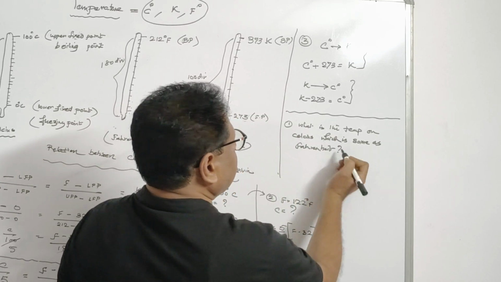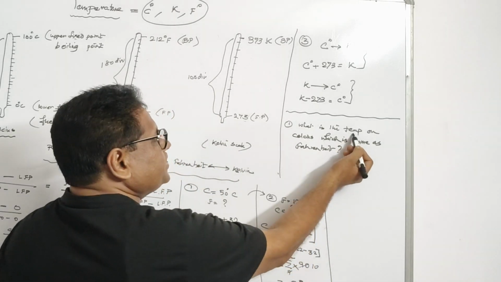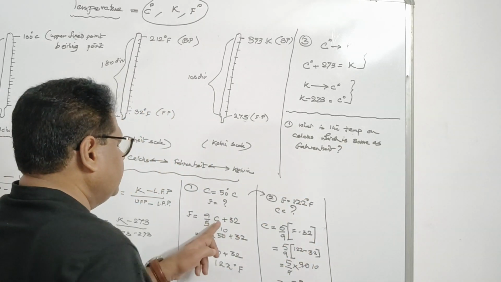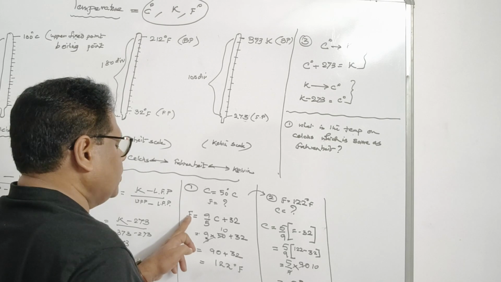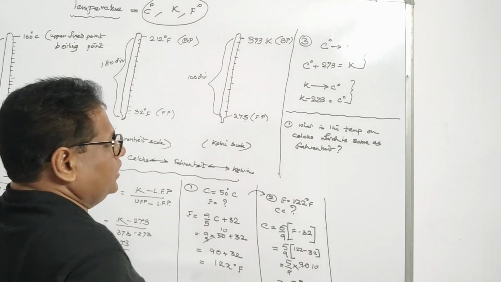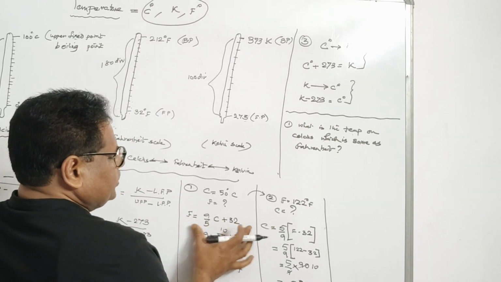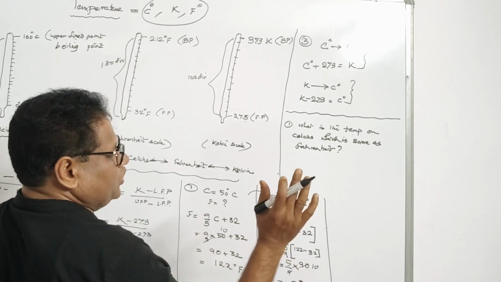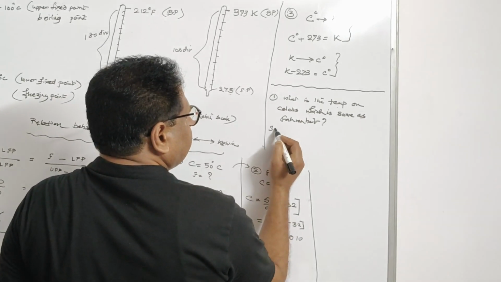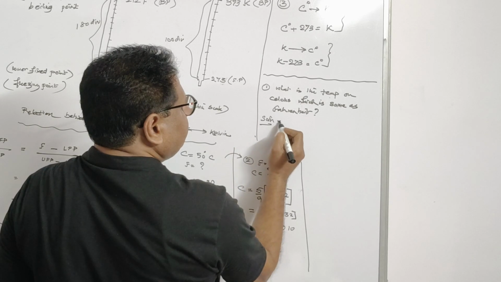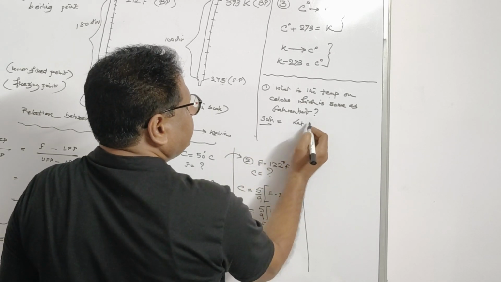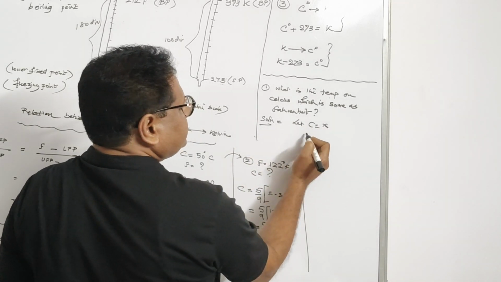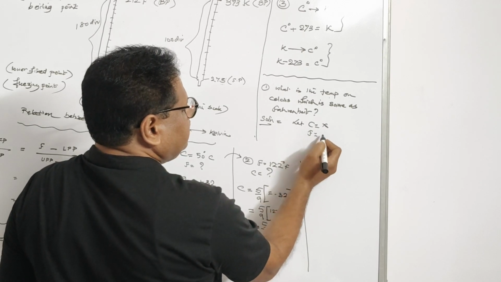That means you have to find what is the temperature on Celsius that remains same in Fahrenheit. So you can use either this relation or this relation, whichever is easy for you. So the solution will start like this. Let Celsius temperature be X, Fahrenheit temperature be X.